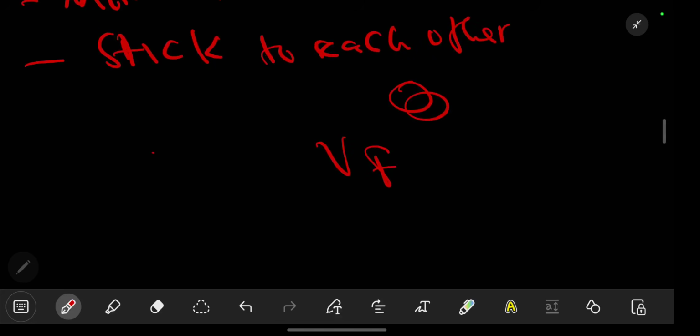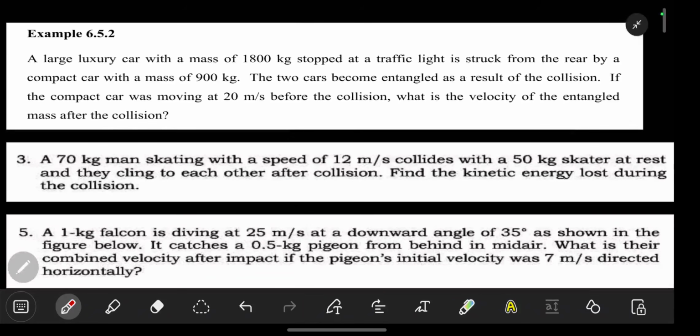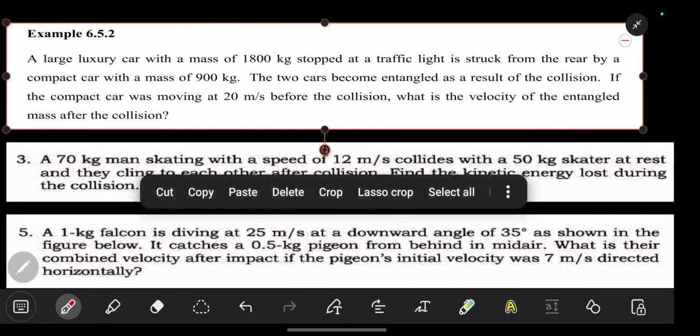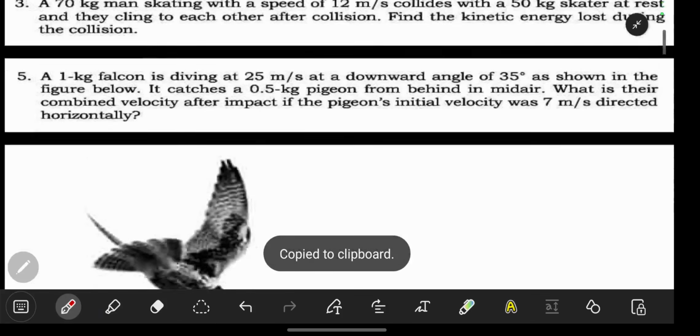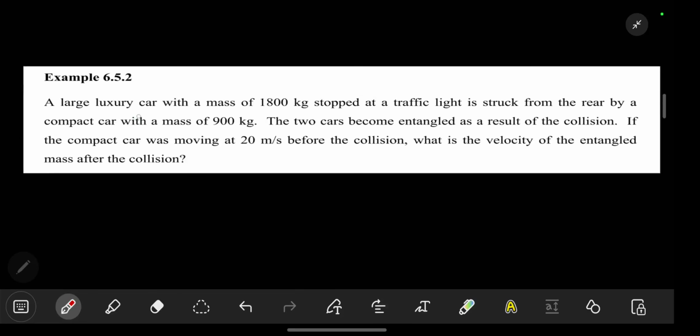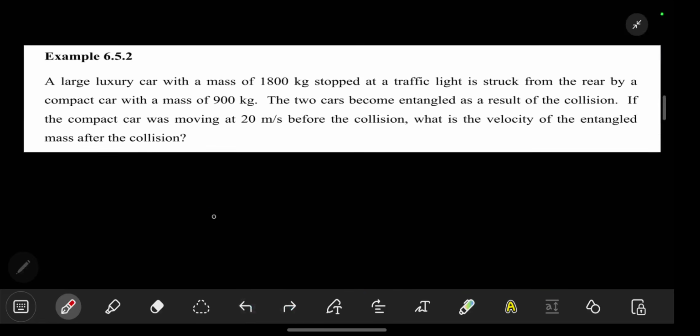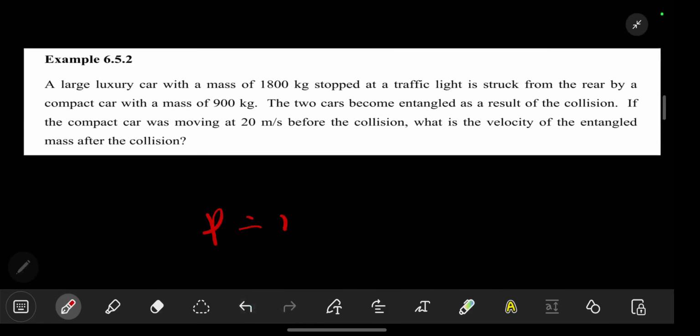So that's very important. So let's now answer questions. Let's begin with this one. Remember, the formula for momentum: momentum, symbol P, is equal to the product of the mass and its velocity.